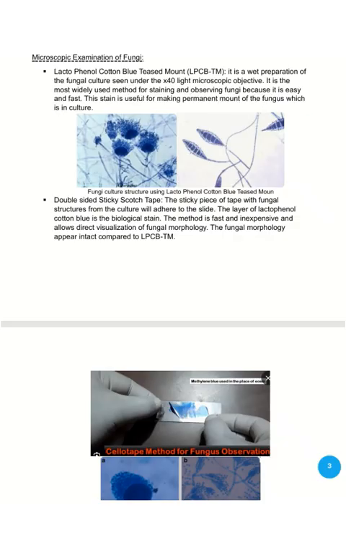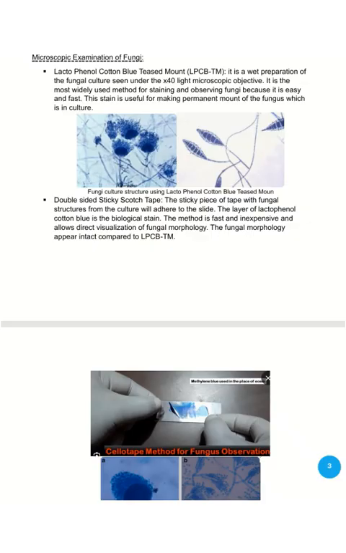This is a type of wet preparation, and you already know what a wet preparation is because you did it in the first microbiology practical. In this wet preparation of the fungal culture, you take a drop of water on the slide, then you take part of the culture from the medium onto this water, cover it with a cover slip, and examine it under the microscope.